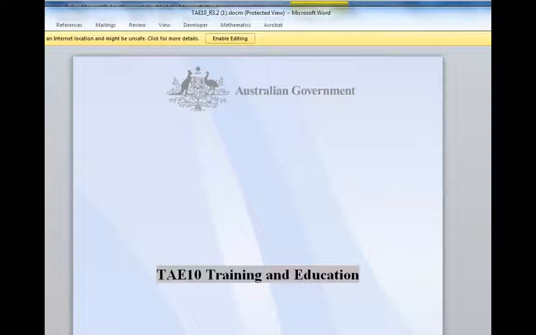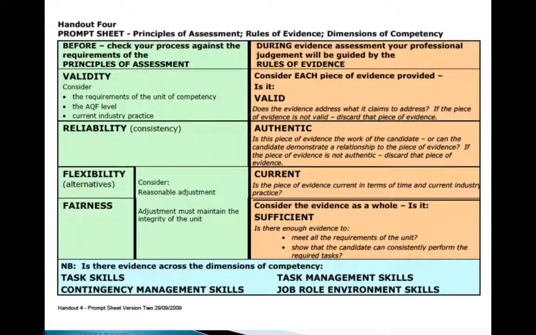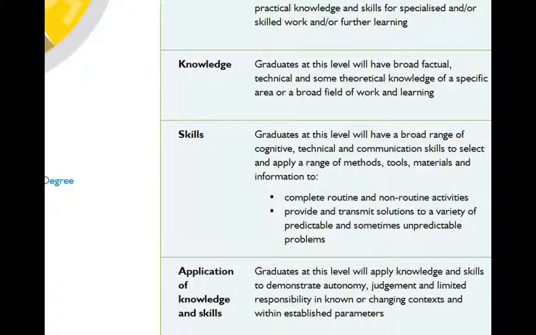So for example, a lot of the issues tend to be around validity. So whether one RTO's assessment tool reflects the AQF level. So here's just a close-up of the homepage of the AQF, the Australian Qualifications Framework homepage of the website, and I've just clicked through to Certificate 4 level.